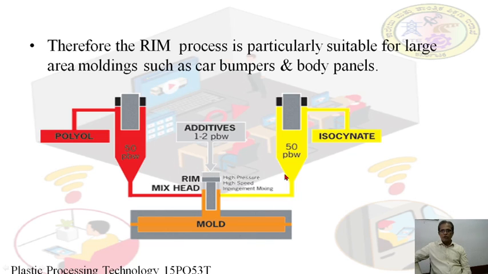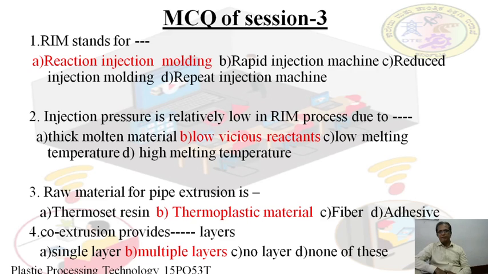So here, instead of pumping molten plastic material, we take the reactants which will produce a polymer and pump them into the mold. There, polymerization takes place and the solid product of the required shape is produced in the mold. This way the process is conducted.